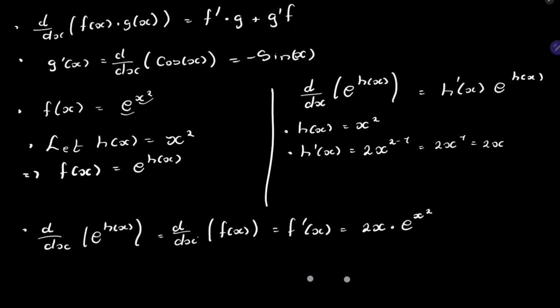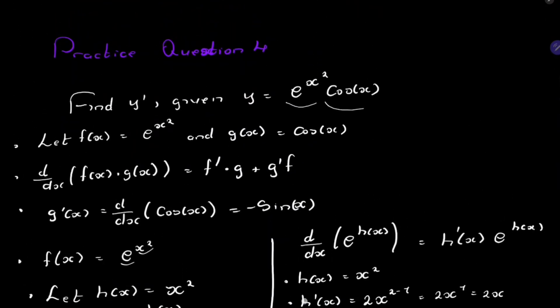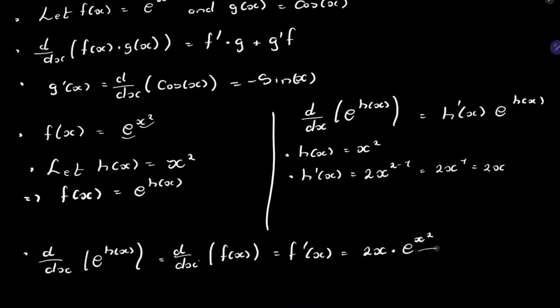And from here on, all we need to do is to substitute these different values, this f prime of x, and f of x and g of x, all that into this equation.